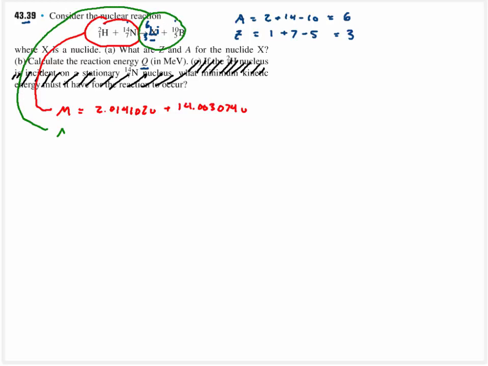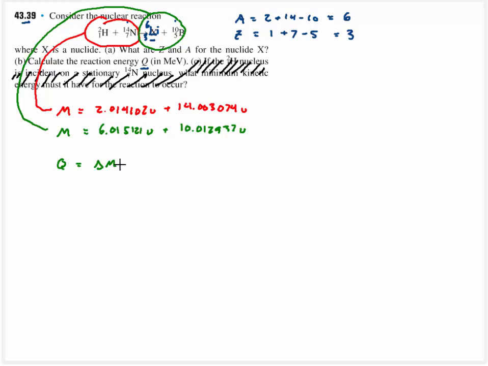This is going to have a mass equal to, first, the mass of the lithium, look that up, 6.015121 multiplied by u. And then we look this one up, and it's 10.012937 multiplied by u.